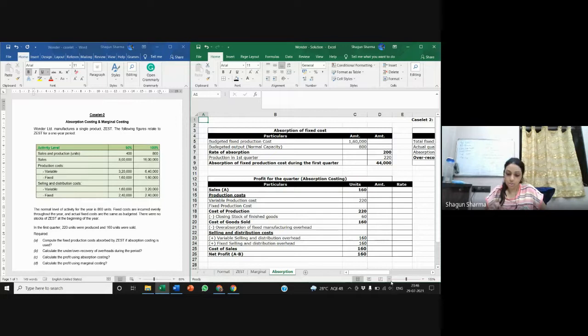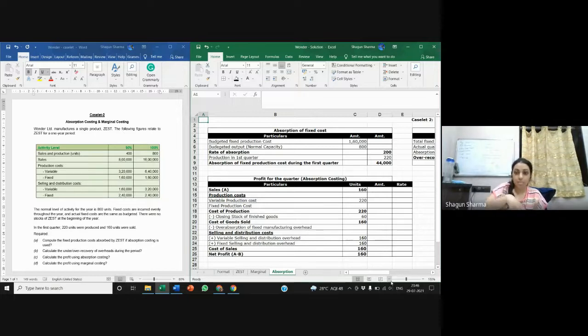In absorption costing, basically we arrive at one estimate of production cost, which is just blanketly applied and considered in the cost sheet of the unit of production. The important thing to realize is that this exercise is done before production happens, so I use an estimate for my production cost.